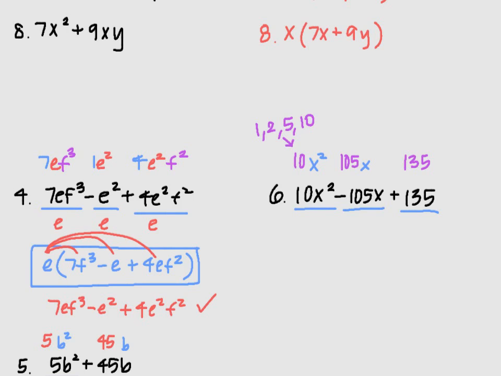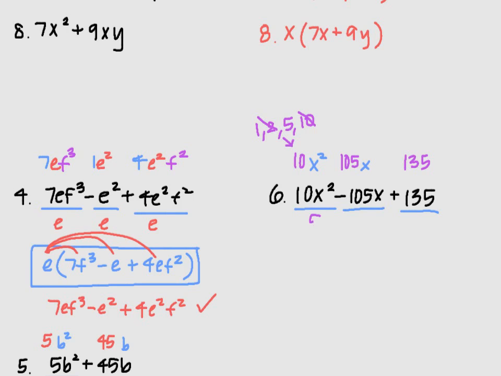If I check 1, yes, 1 is divisible in all 3 terms. The number 2 is not a factor of 105 or 135, so I know I'm not using the number 2. The number 5 is a factor of 105 and 135, and the number 10 is not a factor of 105 and 135. So the greatest common factor of all 3 of those terms would have to be 5.